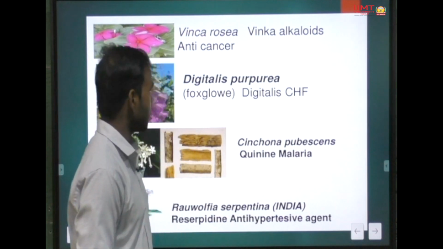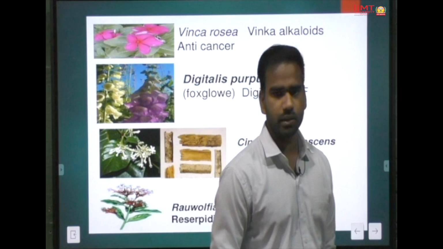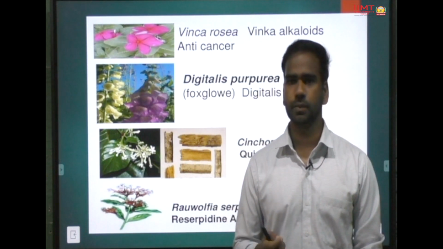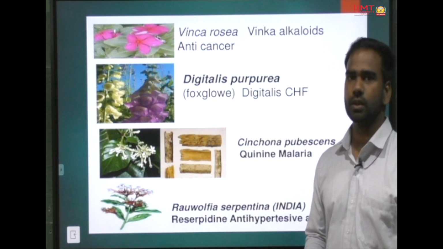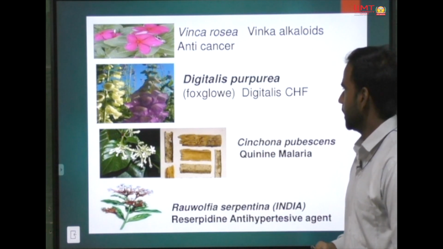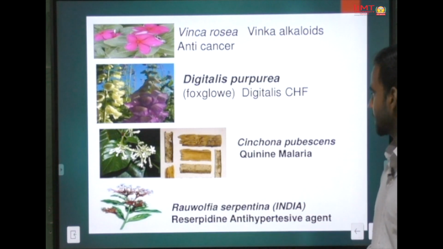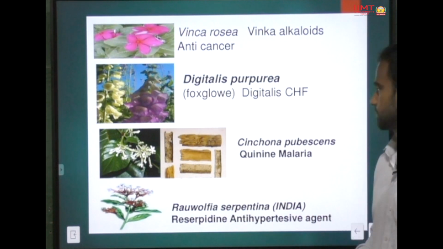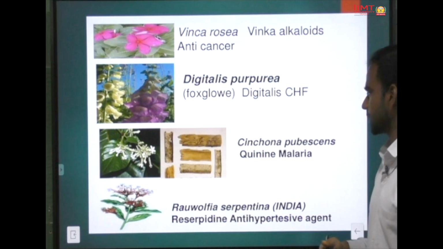There are phytochemicals I didn't mention here, but vincristine and vinblastine are the most common examples of phytochemicals of Vinca rosea used for anti-cancer properties. Digitalis purpurea, foxglove, is another example, for CHF. Cinchona, as I have already told you, is also used for anti-malarial and antitussive properties.